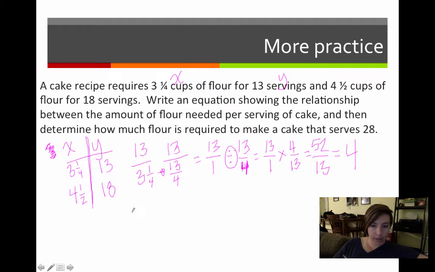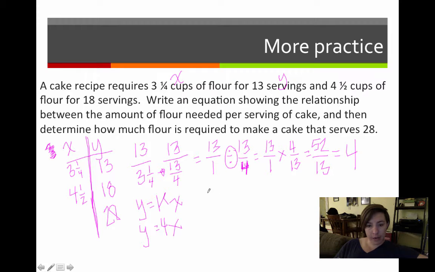Our equation then, and remember unit rate is symbolized with a k, is y equals kx. We put in our unit rate. Now it's asking us to find how many cups we would need if our y value, our servings, is 28.